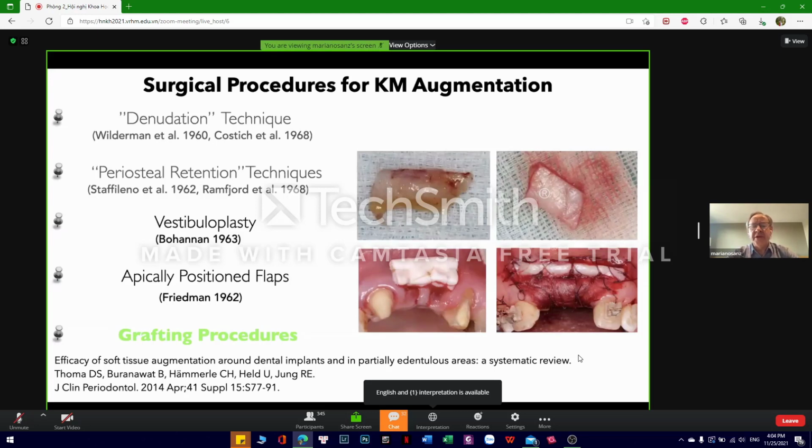from periosteal retention techniques, denudation techniques, vestibuloplasty. Basically, techniques were based on raising split thickness flaps and apically positioning those flaps, aiming for a re-epithelialization of the area that was left denuded.